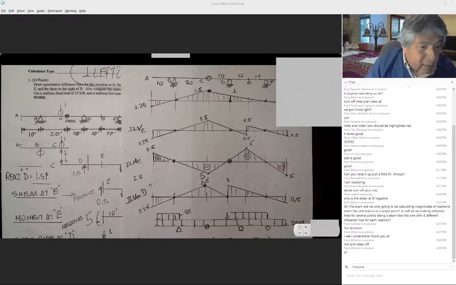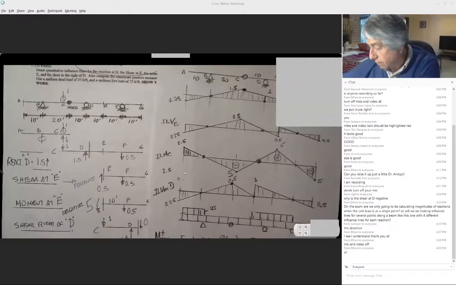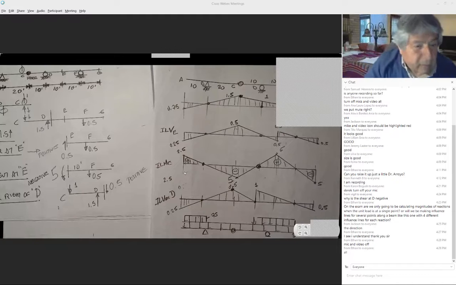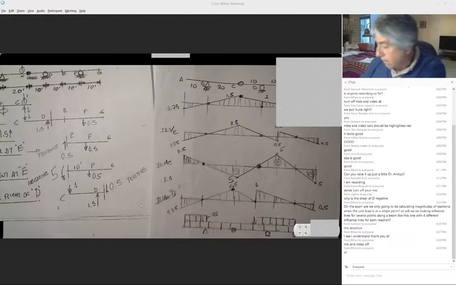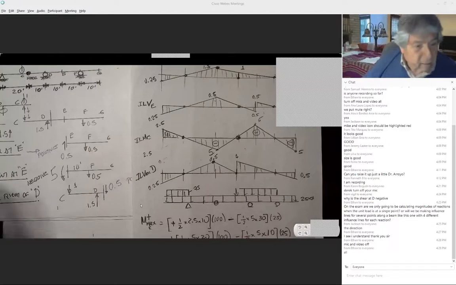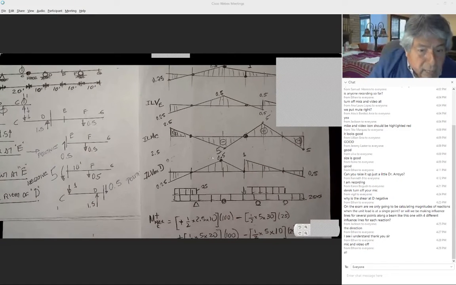The moment at E is 5. You can see 5 negative and put it in here. And the shear to the right of D came as 0.5. Look at the shear to the right of D, 0.5 positive, 0.5.